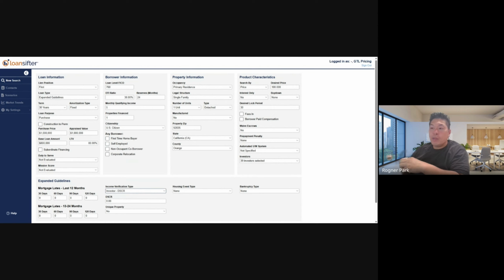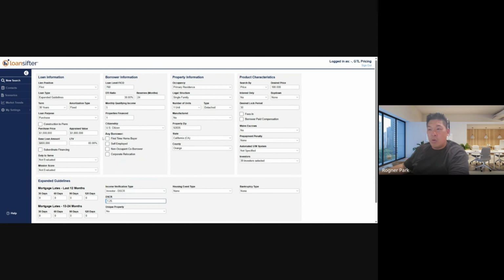Having selected DSCR, you're going to have to put a ratio there. I'm going to start with 1.25 because that is the ideal situation. Ideally, you want to see the cash flow ratio of a property over 1.25, 125%.